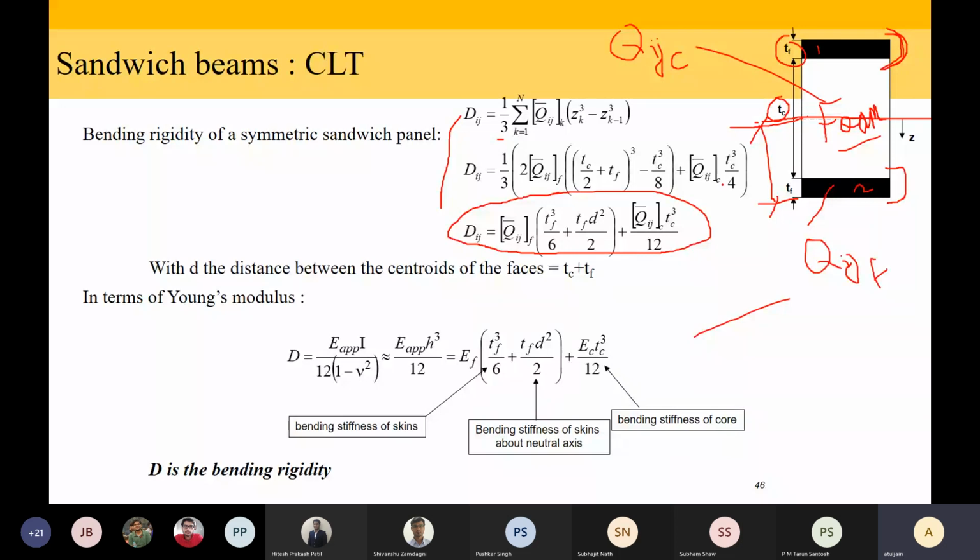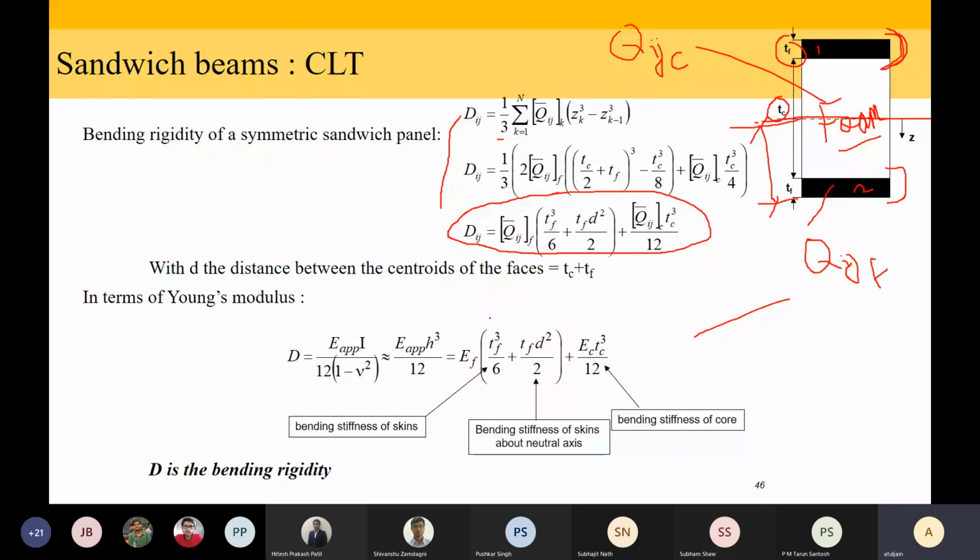It is actually Qij into Tc cube by 8 minus 0 into 2. It has been simplified into one step. So you will get your Dij matrix something like this. Dij is equal to Qijf into Tf cube by 6 plus Tf d square by 2, plus Qij Tc cube by 12.